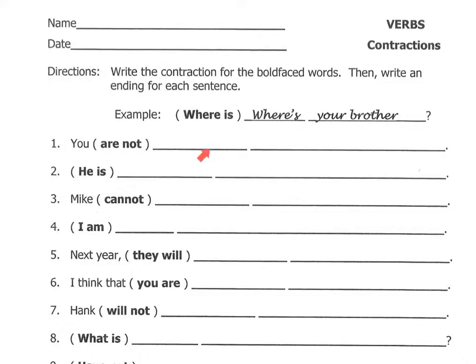So I'm going to finish the sentences for you. You're going to write what you hear me say. Number 1. You aren't a failure. Number 2. He's my best friend.